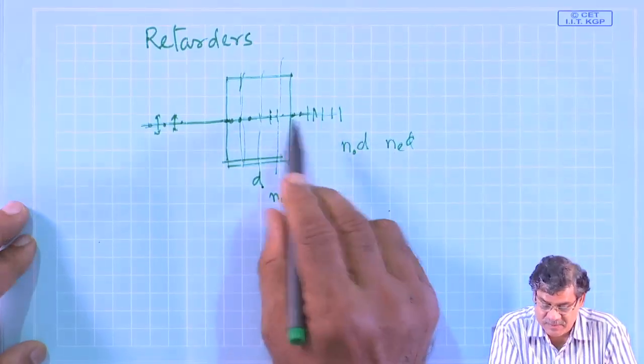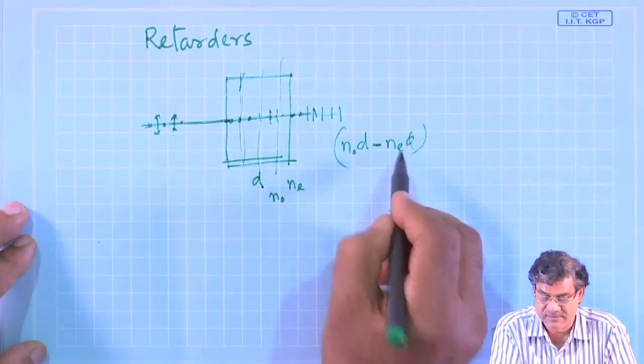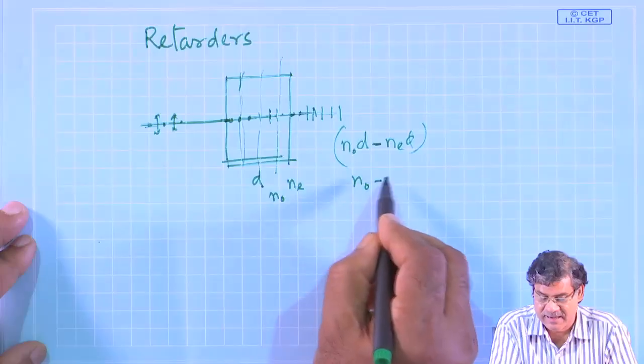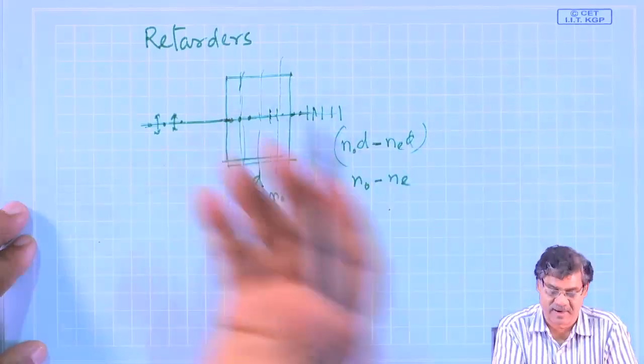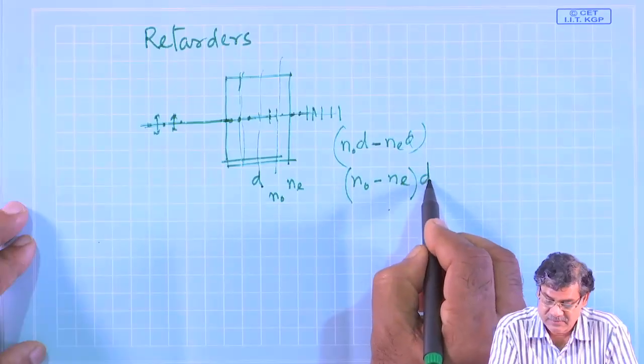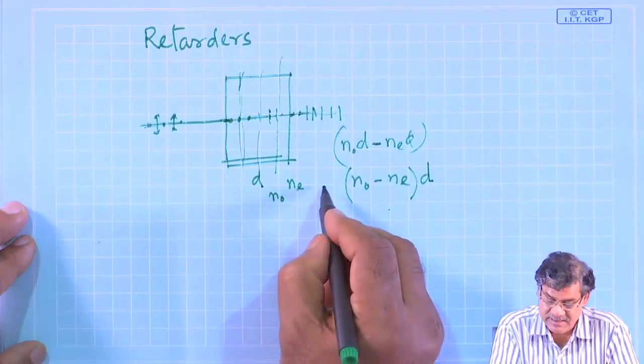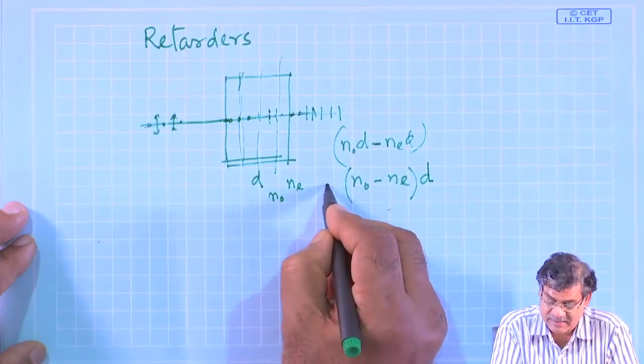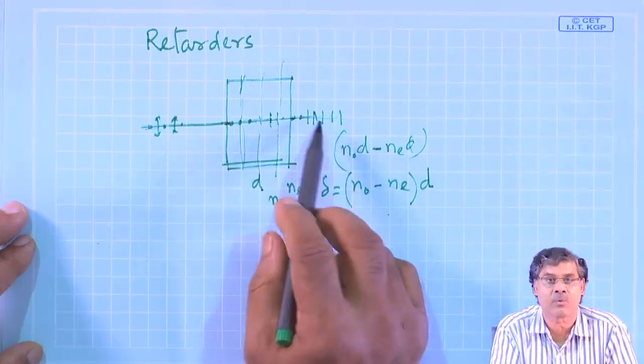So, the path difference between these two rays will be this, n0 minus ne or ne minus n0, depending on which one is greater. So, this basically is the path difference between the O ray and the E ray.